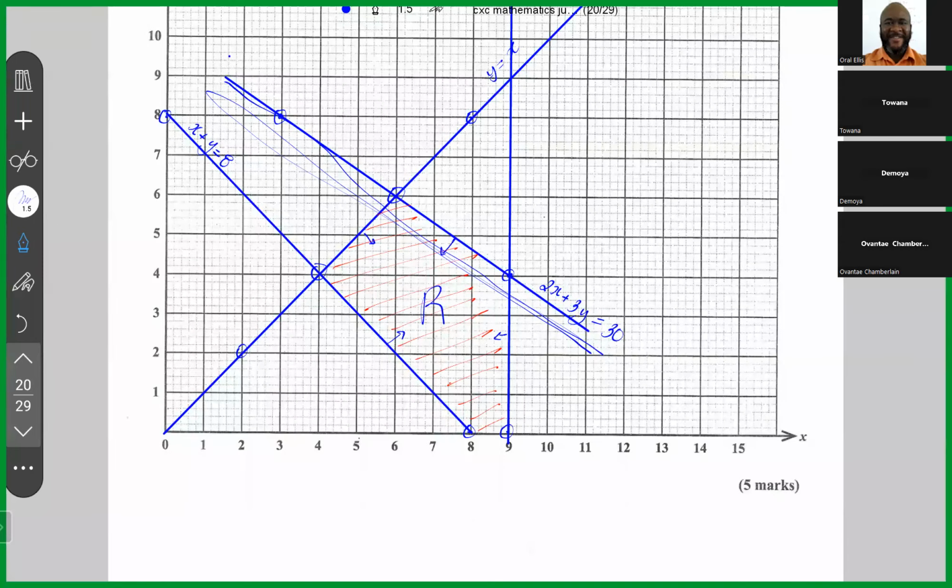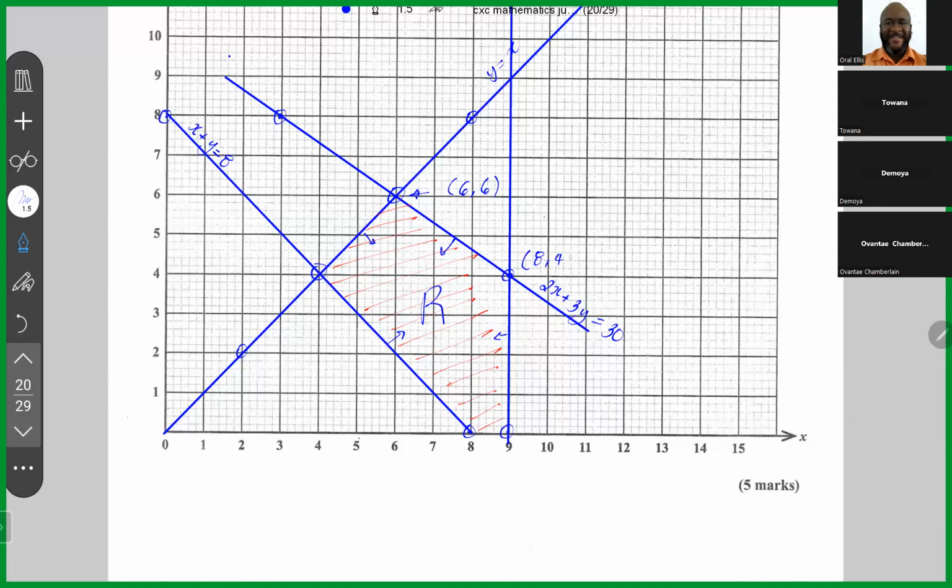And the maximum number of persons who can go on this tour is 60. Everywhere on that line, I'll find the maximum number of persons. Now, the two vertices associated with this line are these two vertices. This is the point 6, 6. And this is the point 8, 4.